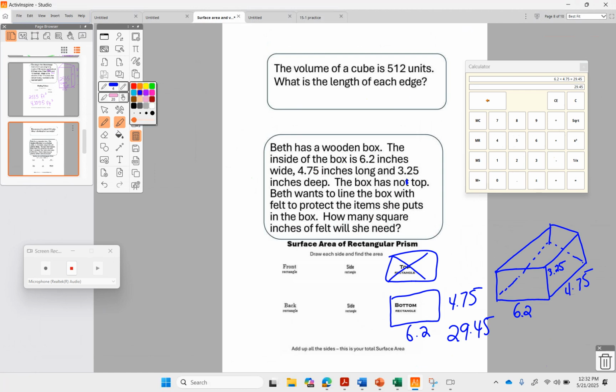But it does have, oh, I wanted a different color. What did I do there? It does have a front and a back. And the front and the back are 6.2 by 3.25.